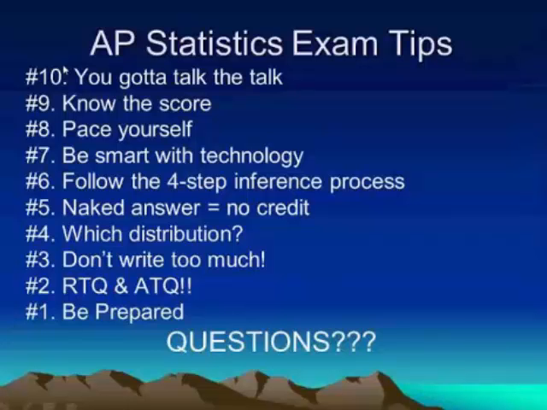And depending on the situation, pooling is appropriate in some cases and not as appropriate in other cases. So for example, when we're doing a 2-sample z-test for a difference in proportions, the null hypothesis typically says that those 2 proportions are equal to each other. And the calculations in a significance test are always based on the assumption that the null hypothesis is true.